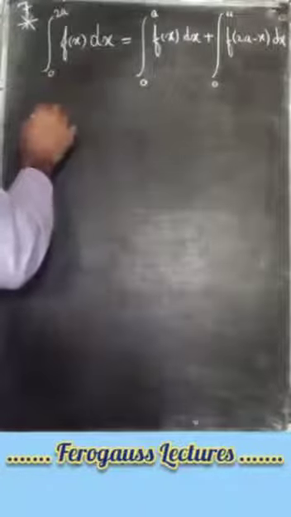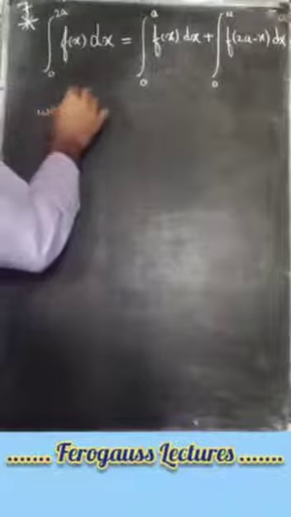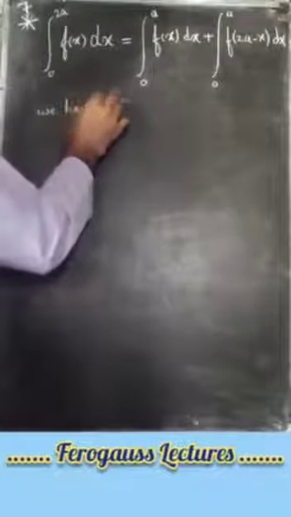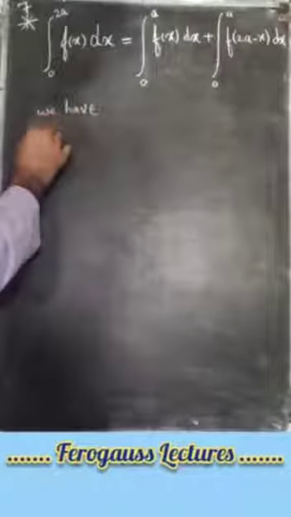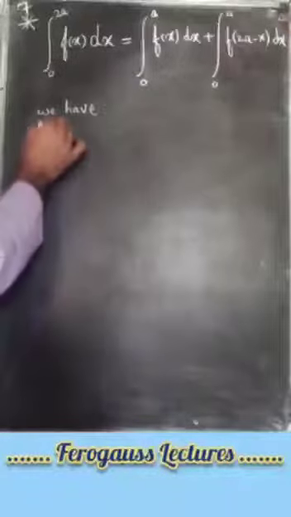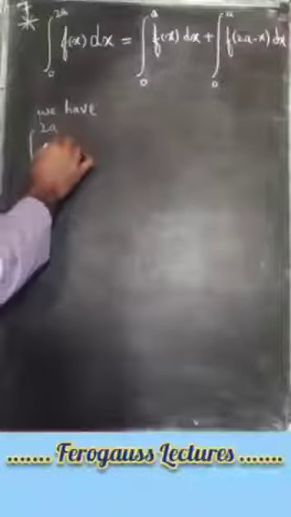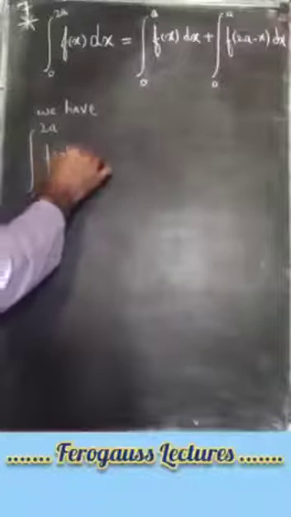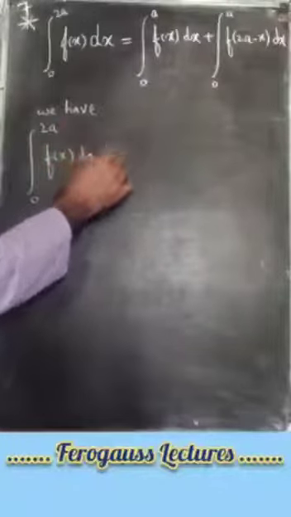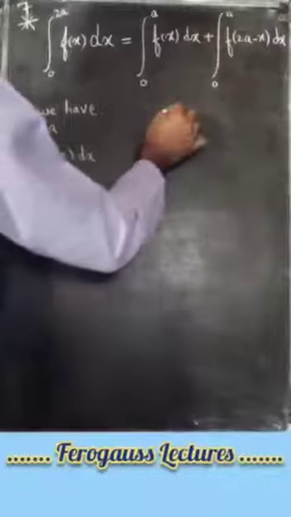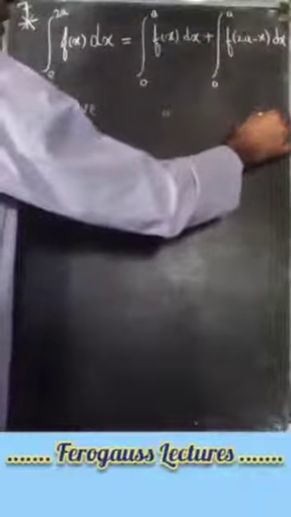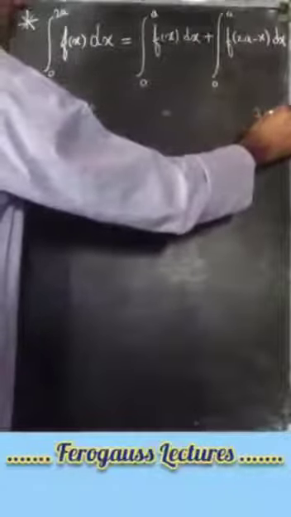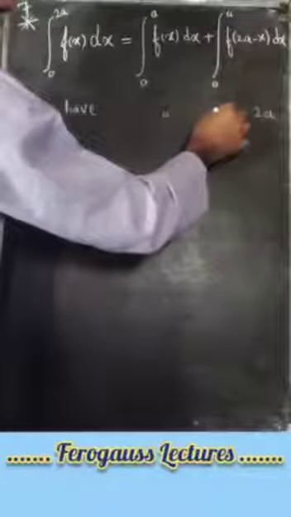For that, we have LHS, that is the integral from 0 to 2a of f(x) dx. This is point 0 and this is point, sorry, 2a. Then there is point a between these 2 points.